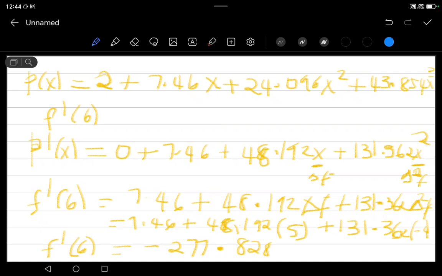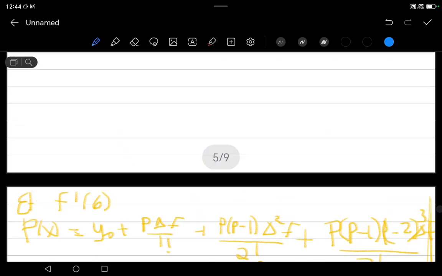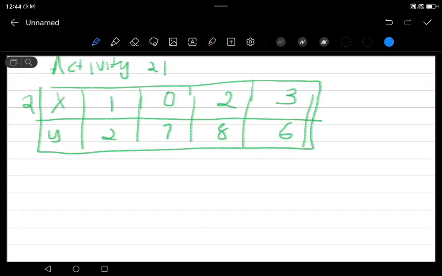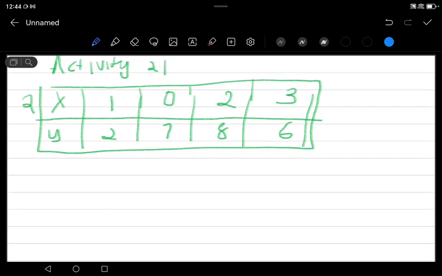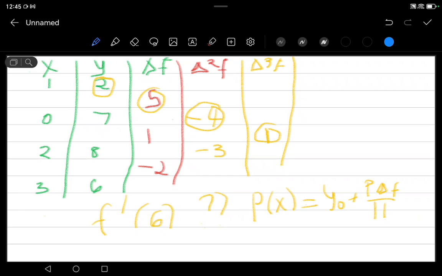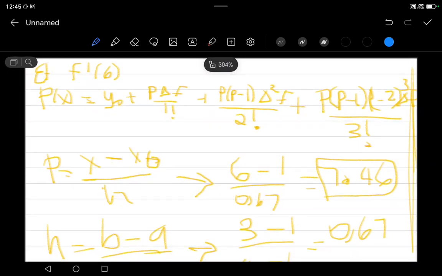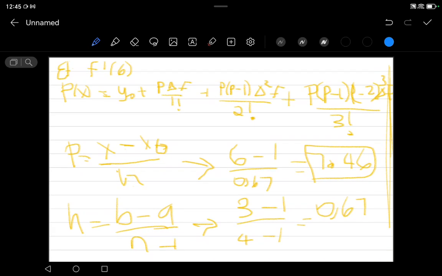The first thing is to construct your table. You'll be given the values of x and y, and then you construct a table. After constructing your table, you calculate the value of p. p is equal to x minus x0 over h, and to calculate h, it's b minus a over n minus 1.